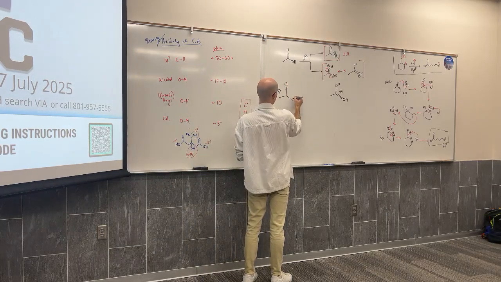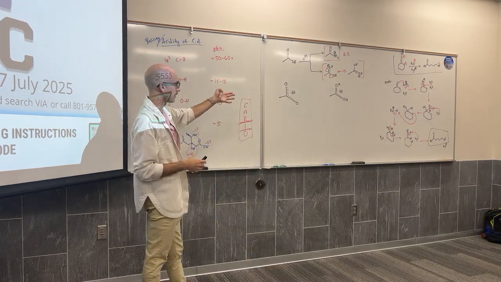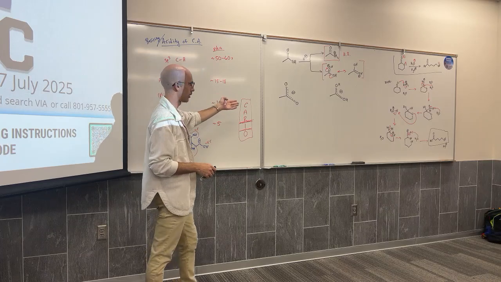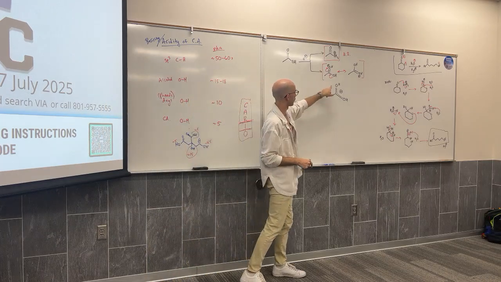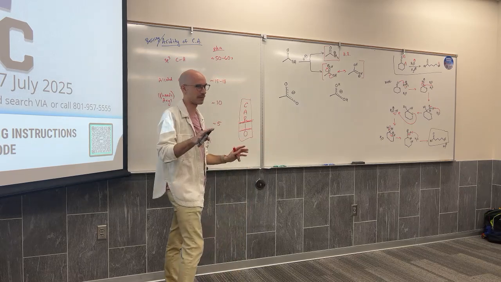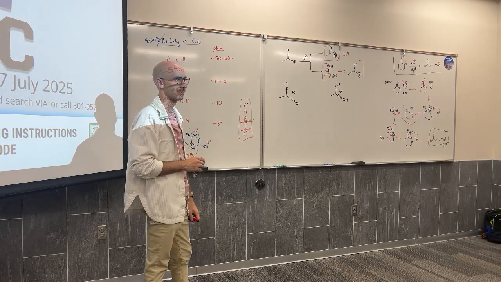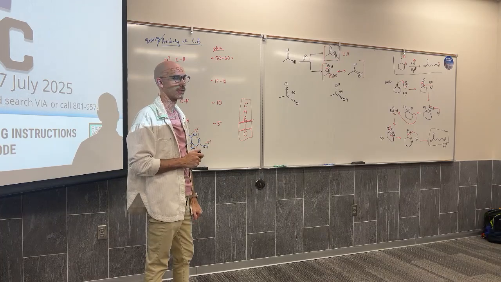So for the same reason that carboxylic acids are good acids, they can resonance stabilize the negative charge, carbonyl oxygens are also good bases, better bases, because they can delocalize that positive charge. And I think that's pretty cool.